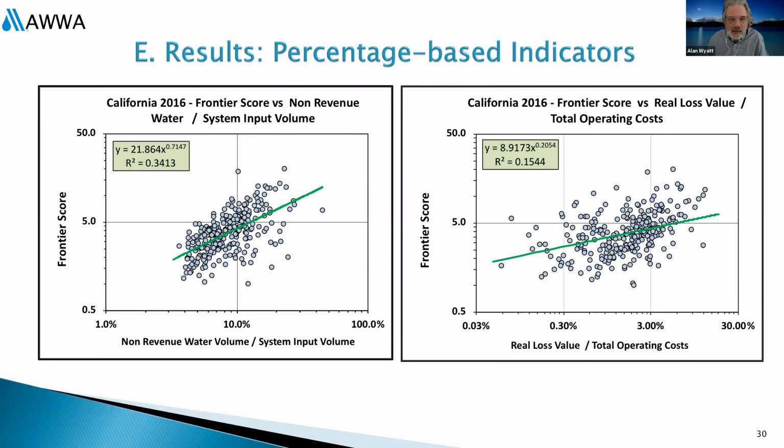And then I looked at the percentage ones, and with no cooking the numbers, they came out poor in technical rigor, which is sort of what we were hoping. The percentage indicators are not accurate, and this is mathematical demonstration of that.